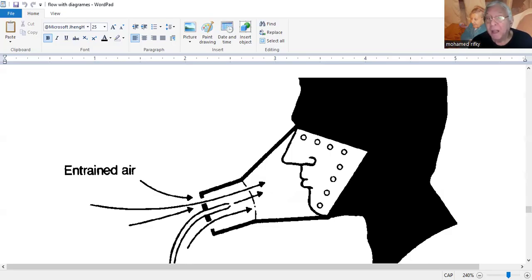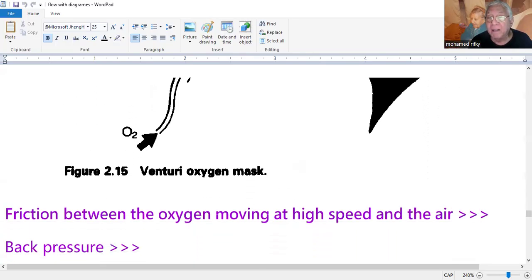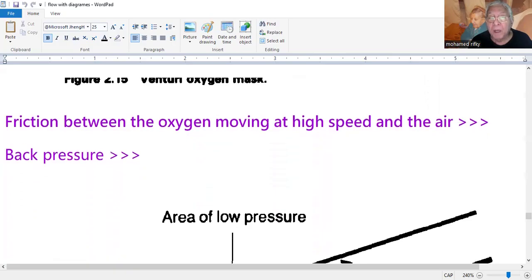This is an important point of the venturi mask. Meanwhile, the friction of the oxygen molecules with air also increases the entrainment. So whenever you are asked what the entrainment ratio is, you divide 1 liter of oxygen over 9 liters of air.